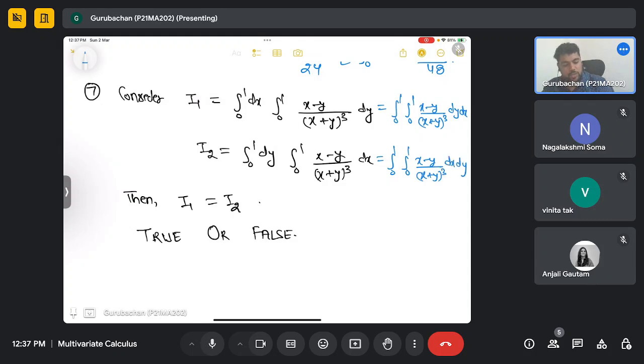So if these two integration values are equal, then we can say that the order of integration in this particular integral does not matter, and we have to justify why it is happening. If it is not equal, then we can say that the order of integration matters in a double integral.